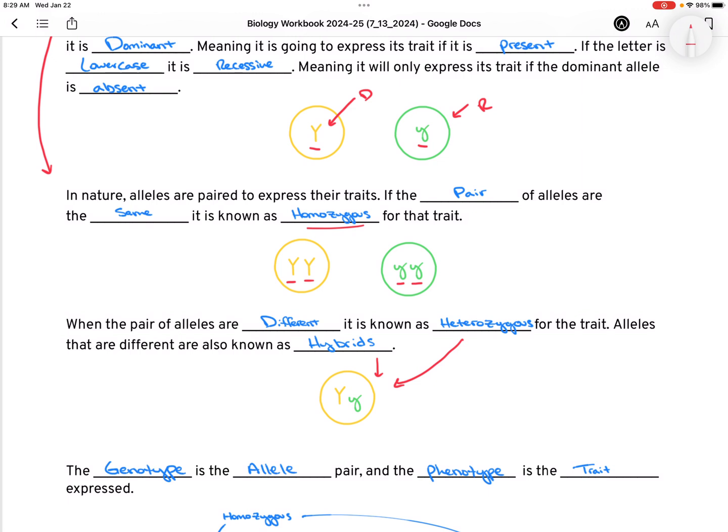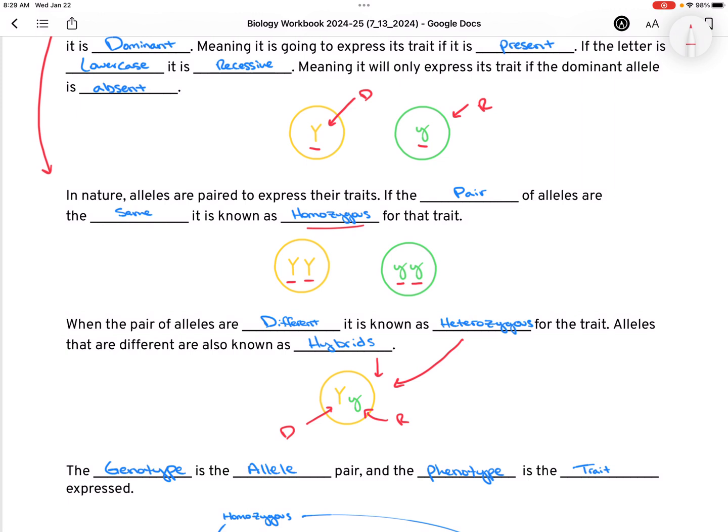The reason for this is because the big Y is present. This one is dominant and this one is recessive. The green gene is just hiding in the DNA, but it's not expressed.